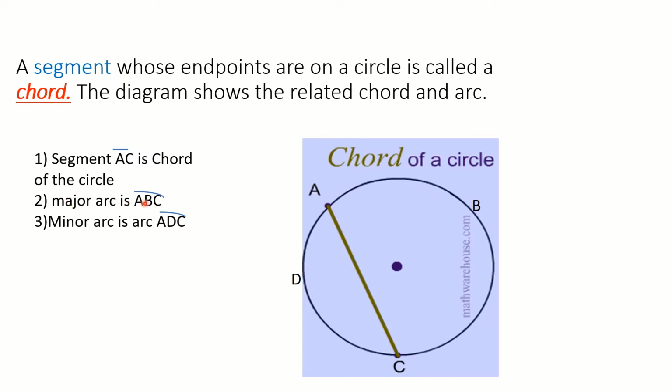Major arc is ABC. This bigger arc is the major arc of this circle, and ADC or CDA is the minor arc of the circle. So keep in mind, AC is a chord, a segment whose endpoints are on a circle. That means at these two endpoints.